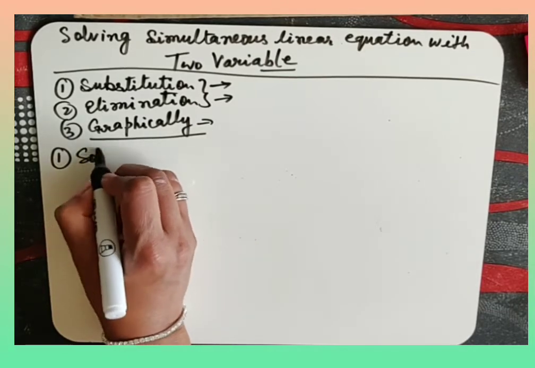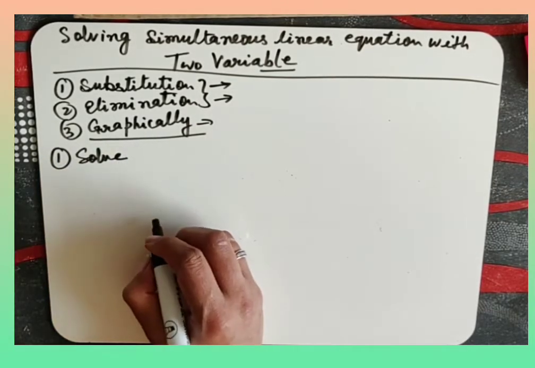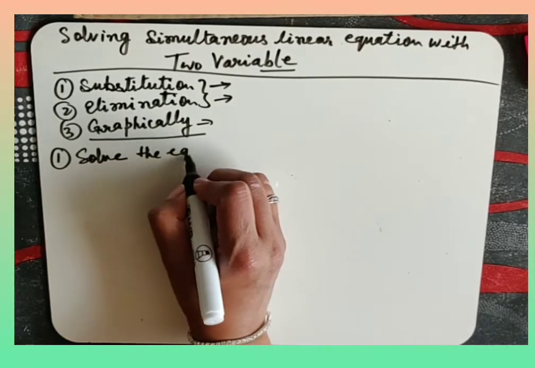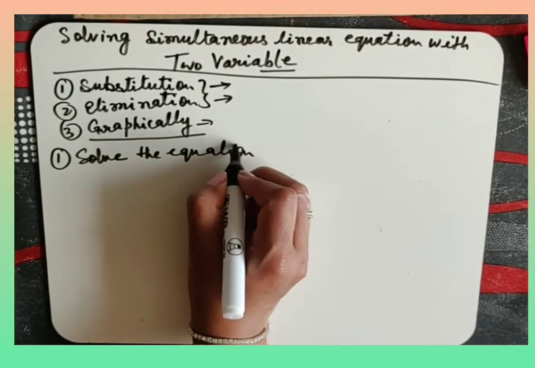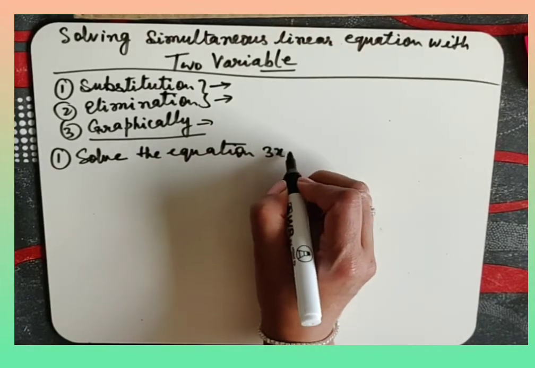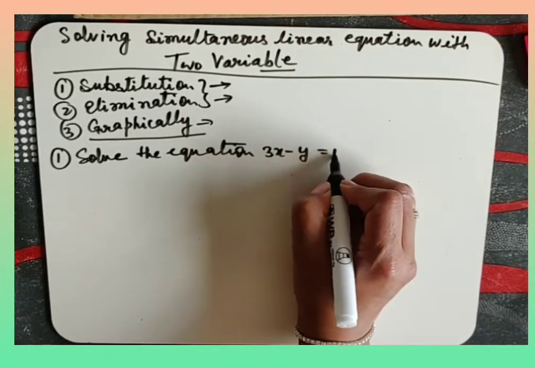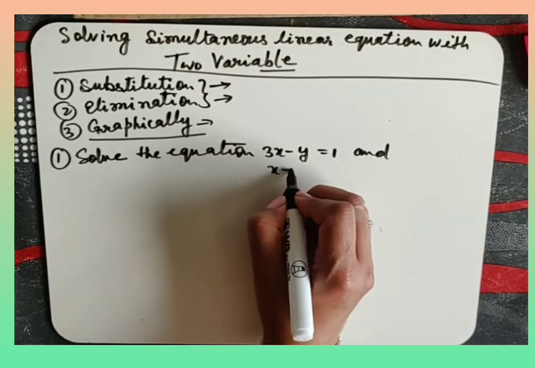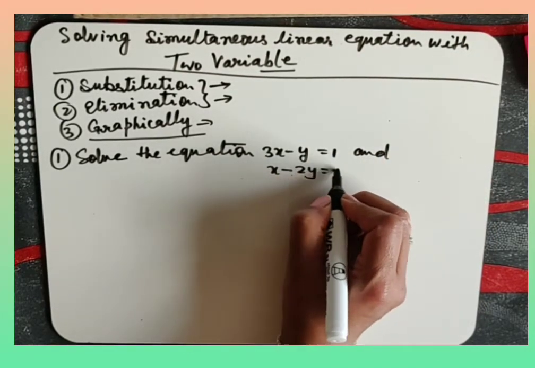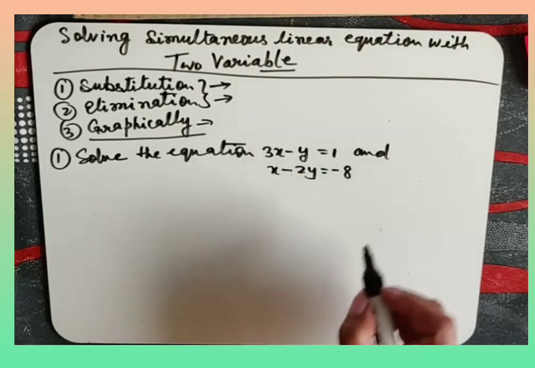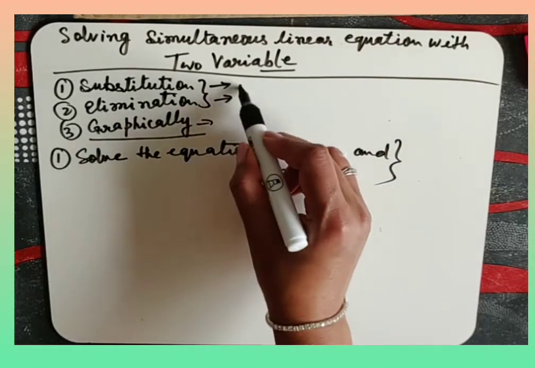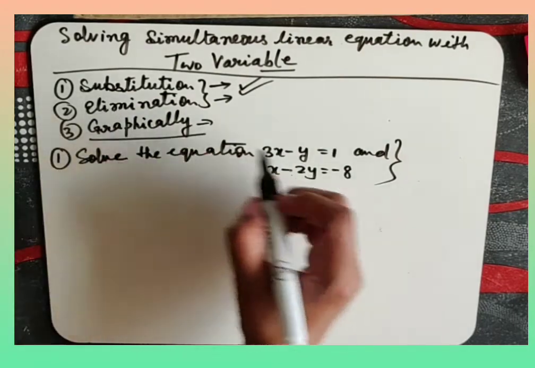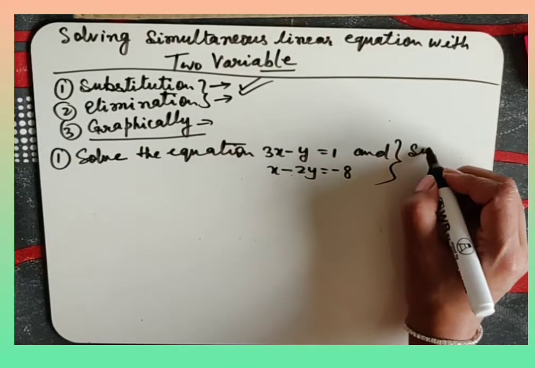Solve the equations 3x minus y equal to 1 and the other equation is x minus 2y equal to minus 8. I am going to explain how to solve this simultaneous equation by substitution.